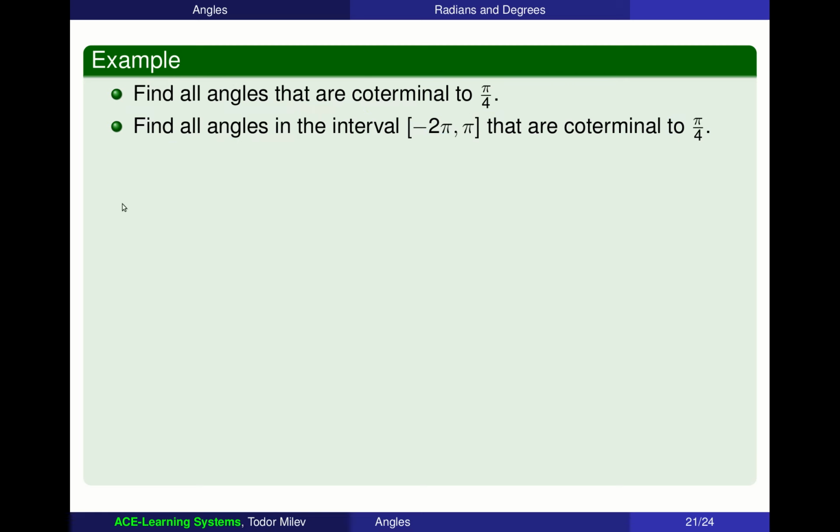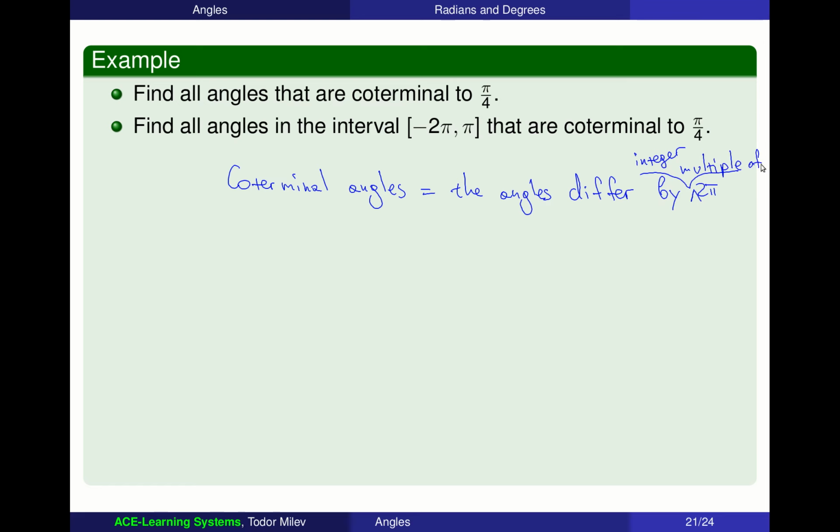So just a reminder, two angles are coterminal if their difference is an integer multiple of 2 pi.